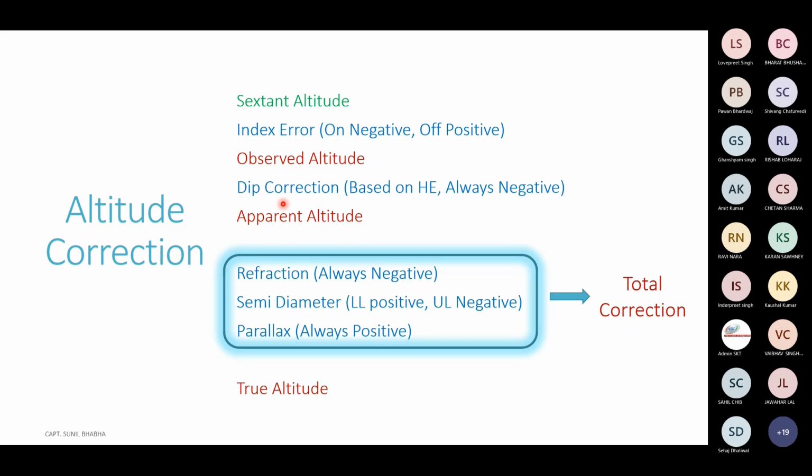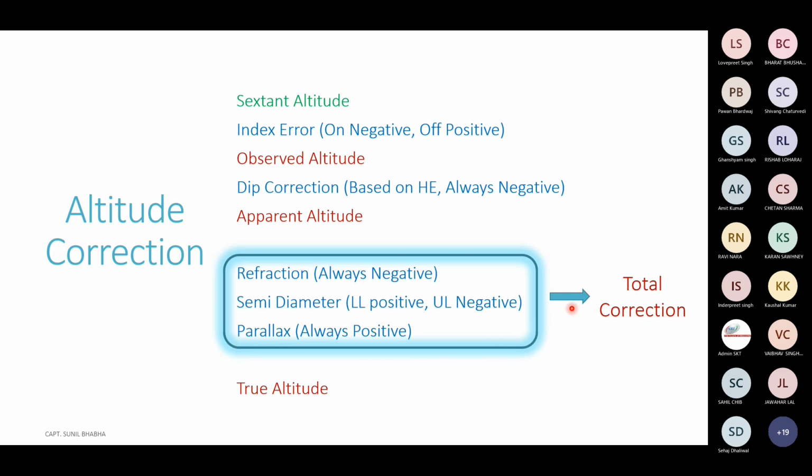The second correction which is applied is the dip correction, based on height of eye, and is always negative. Then we obtain the apparent altitude. The three corrections applied to apparent altitude are refraction, which is always negative; semi-diameter, which is positive for the lower limb and negative for the upper limb, applicable only in the case of sun and the moon; and parallax, which is always positive.